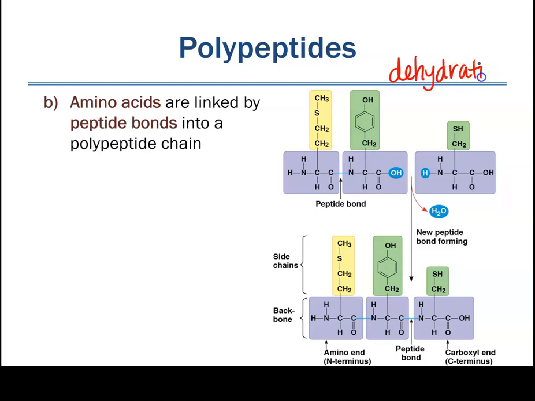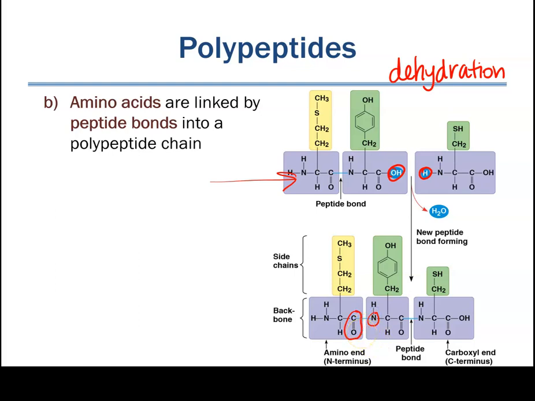So again, we are going to pull a hydrogen and a hydroxyl group off of our monomers, release water, and link them together. So here we have our amino acid backbone and our R groups coming off. You can see that this chain is starting to form here. Now the bond forms between the carbonyl group on one end and amino on the other.